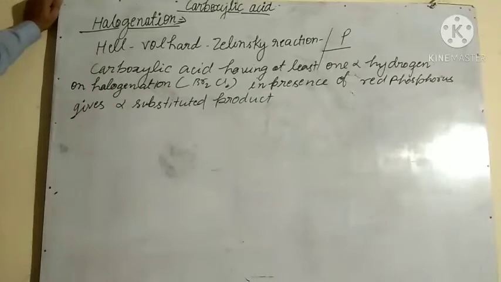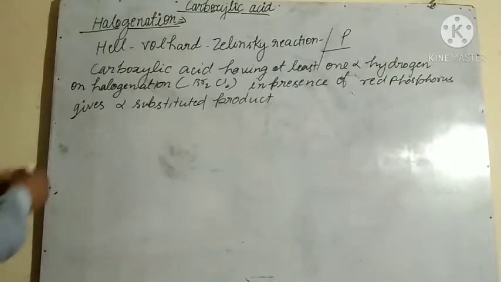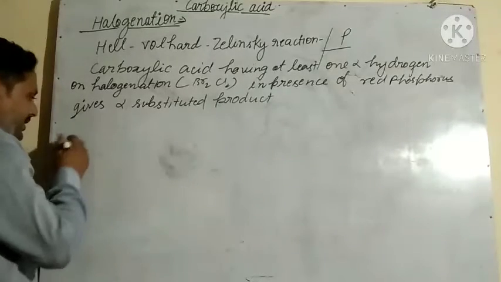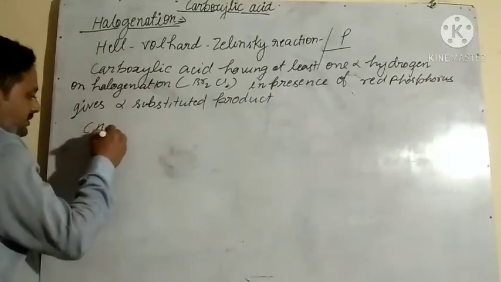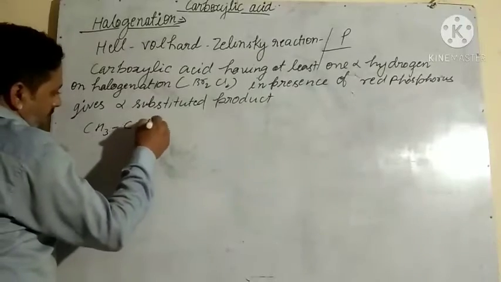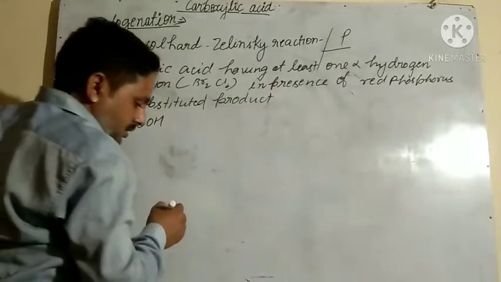What we wrote here is that the acid must have at least one alpha hydrogen, so we can't use formic acid in this reaction. CH3COOH.